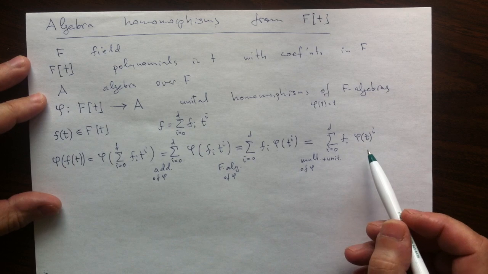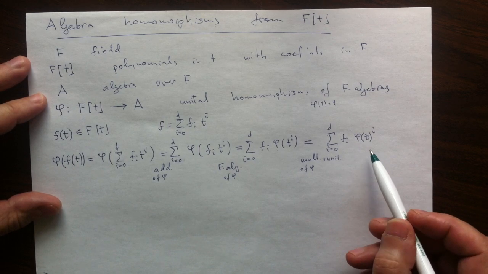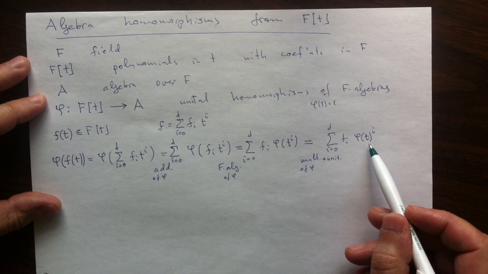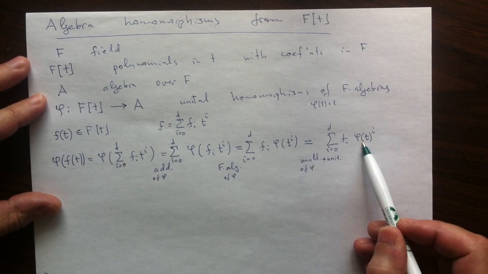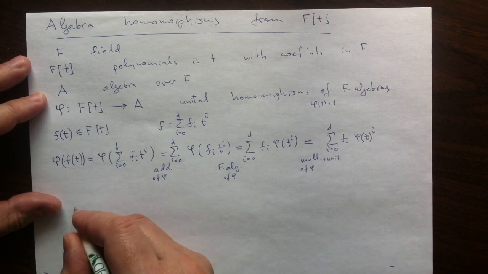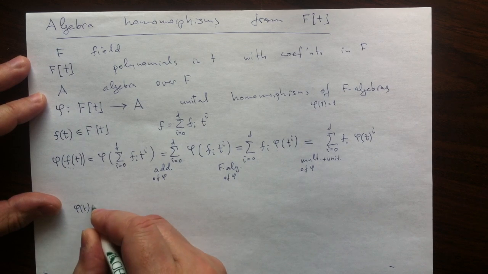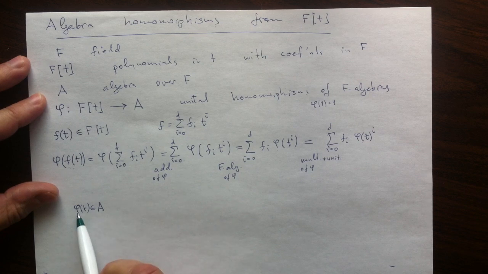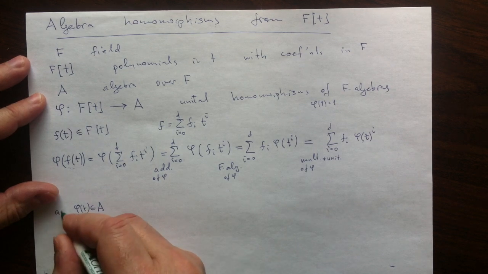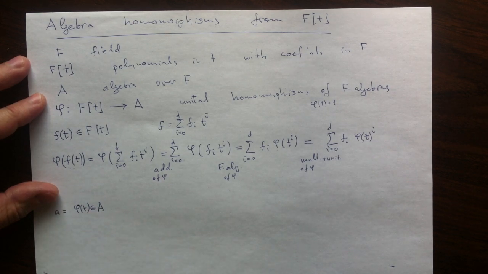So all in all, doing this computation, we end up with the answer that the value on an arbitrary polynomial is completely determined by the value on t. Well, the value on t is an element of A. So just knowing this element, we should know the whole homomorphism. Well, let's now call it little a.